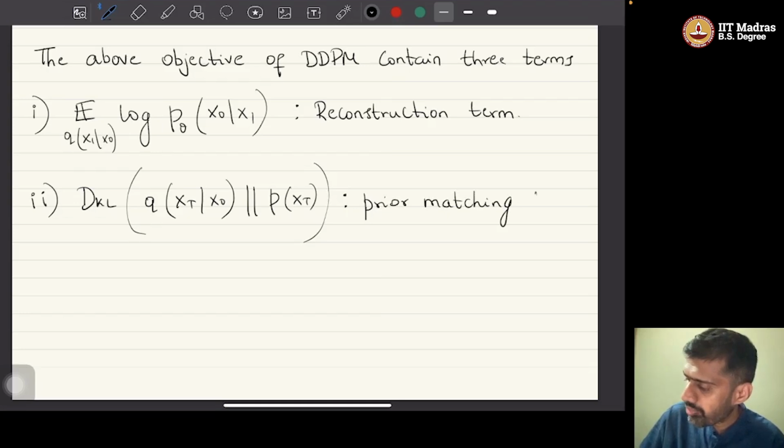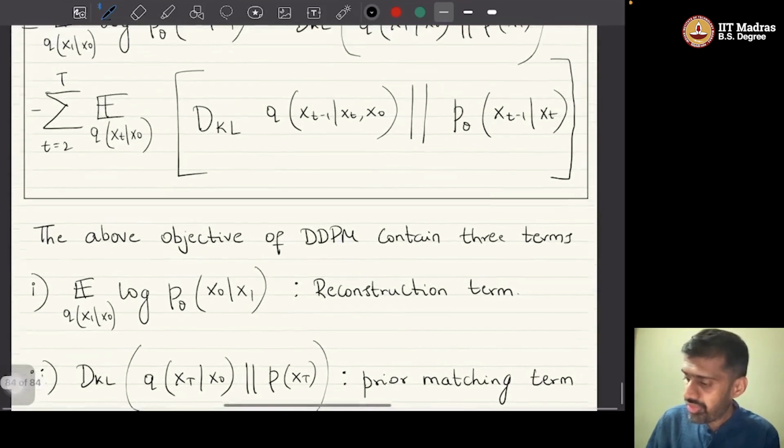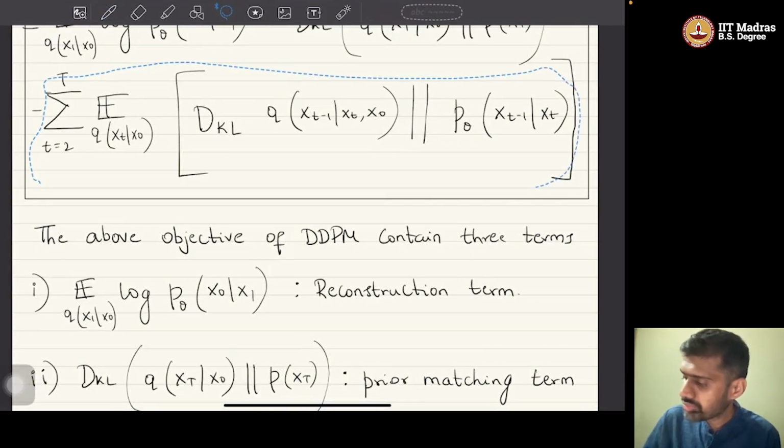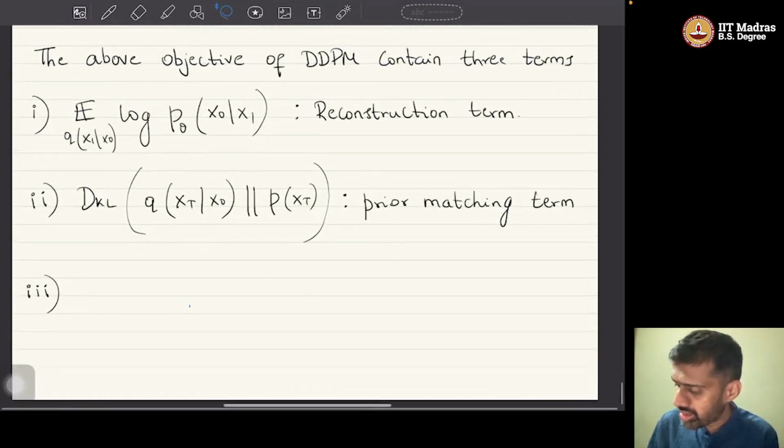Because it is trying to match the prior of the tth latent variable to the conditional distribution of the latent given data, which is similar to what we have in the second term of a VAE. There is this third term, this particular sum, which is called the consistency term or denoising matching term.